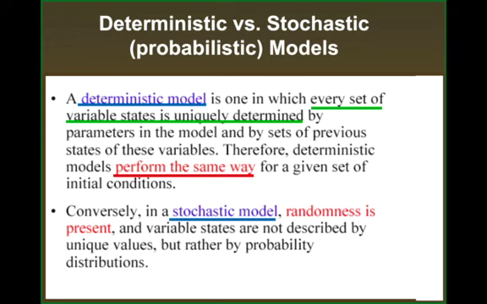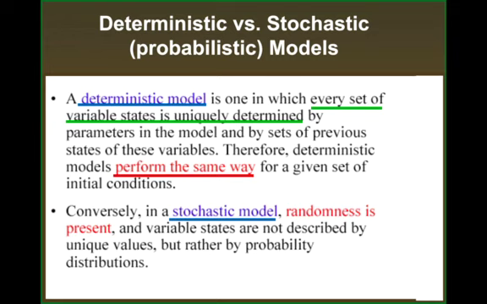Now, there are two different types of models that we can use when we do PVAs. This is an important point that I want you to get, so we're going to spend a minute on it. The two types of models are deterministic models and stochastic models.